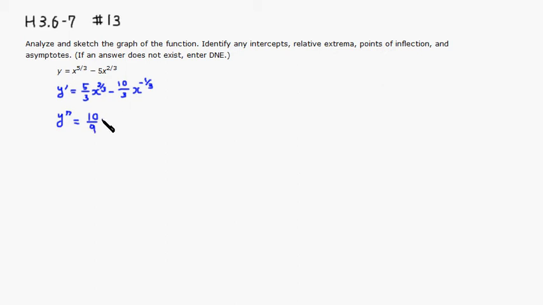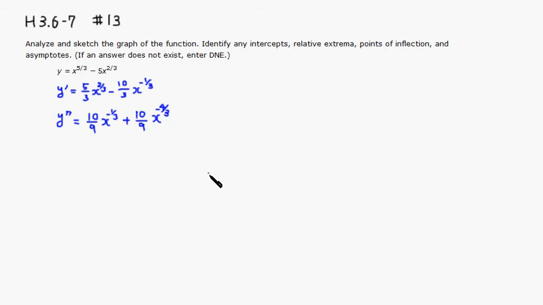Then you have x to the subtract 1 from the power, so negative 1/3 from there. Then put negative 1/3, so it's going to be positive 10/9.